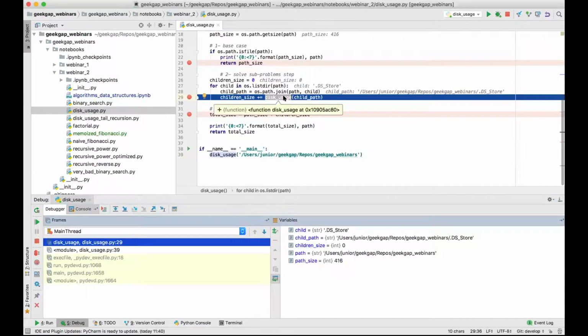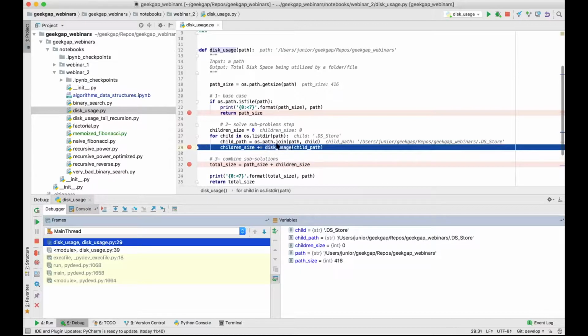For each of the children of this path, we call the function recursively. So see here, we call this function. It's like a function calling itself. But here we pass in a different parameter. You can see this child path is something different than the path that we had here. It's a sub file, or a sub folder, inside this path.